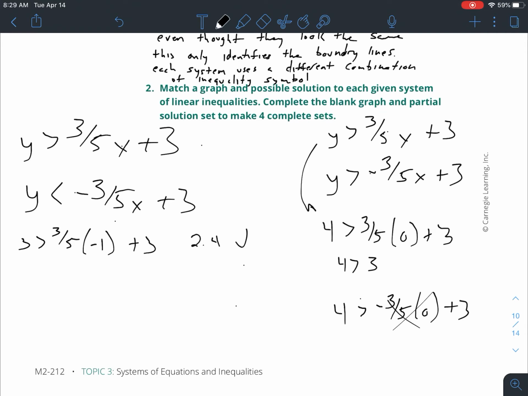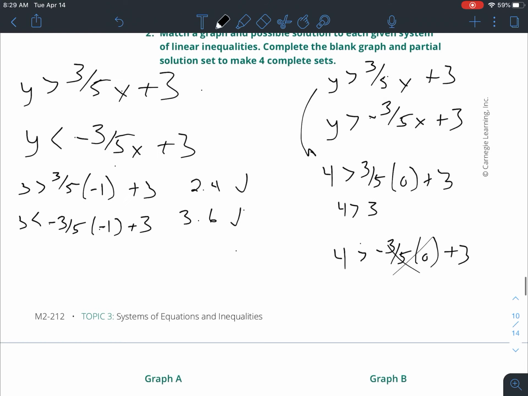That works. And now let's try -3/5 times -1 plus 3 and see if that's greater than 3. So -3 divided by 5 times -1 leaves you with 0.6 plus 3 gives you 3.6, which we know that's true, so that works.